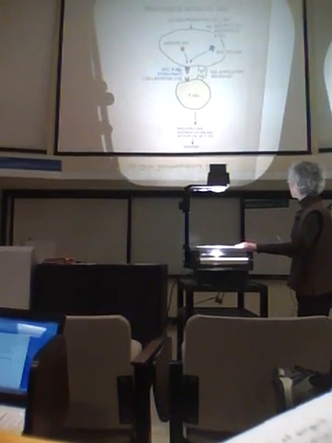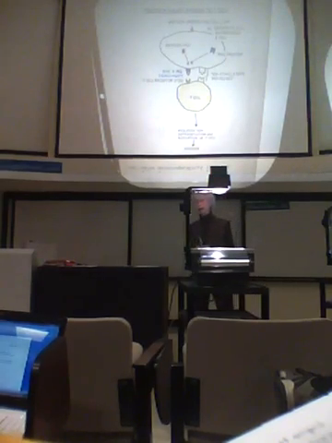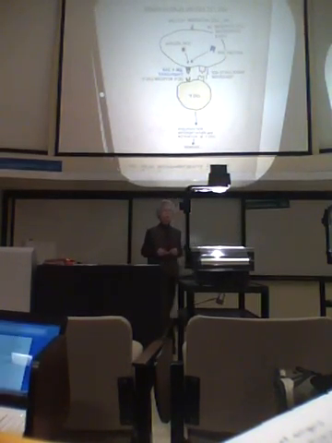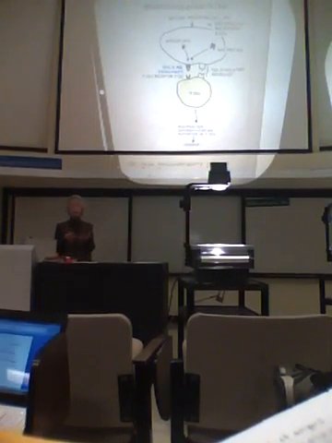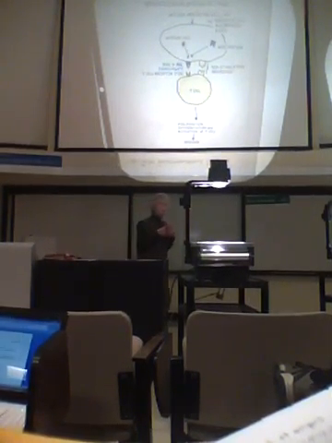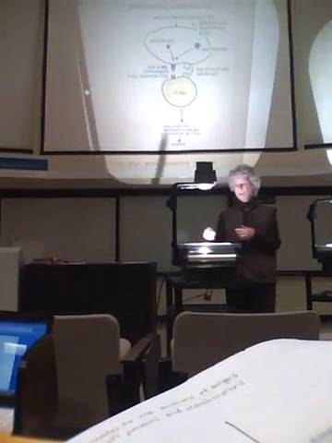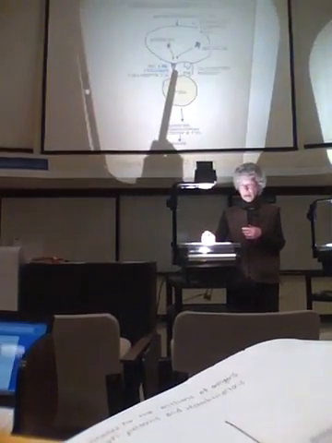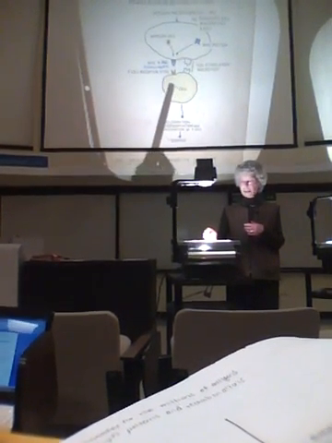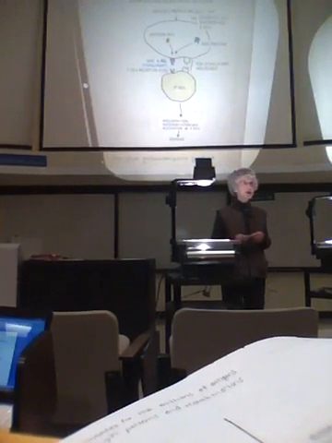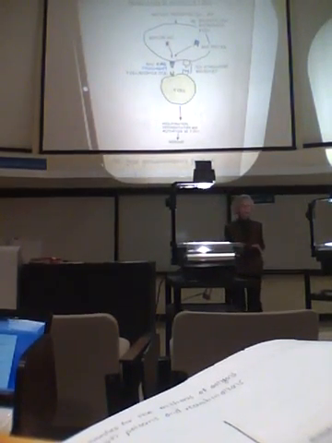MHC stands for major histocompatibility complex. I'll say a little bit more about those in a moment, but for now, I think of it as a presenting protein. And it's this combination of the MHC protein together with the antigen fragment that is recognized by the T cell. The T cell has receptors on its surface which are able to recognize the combination.